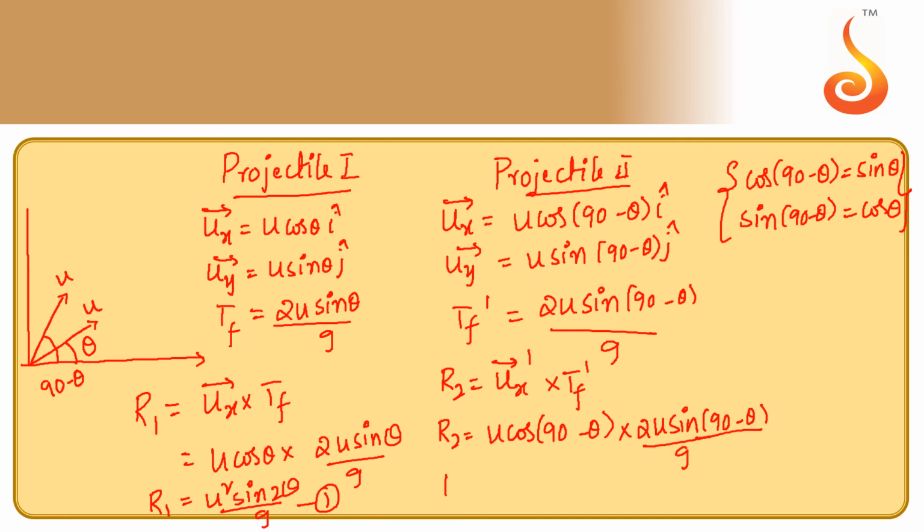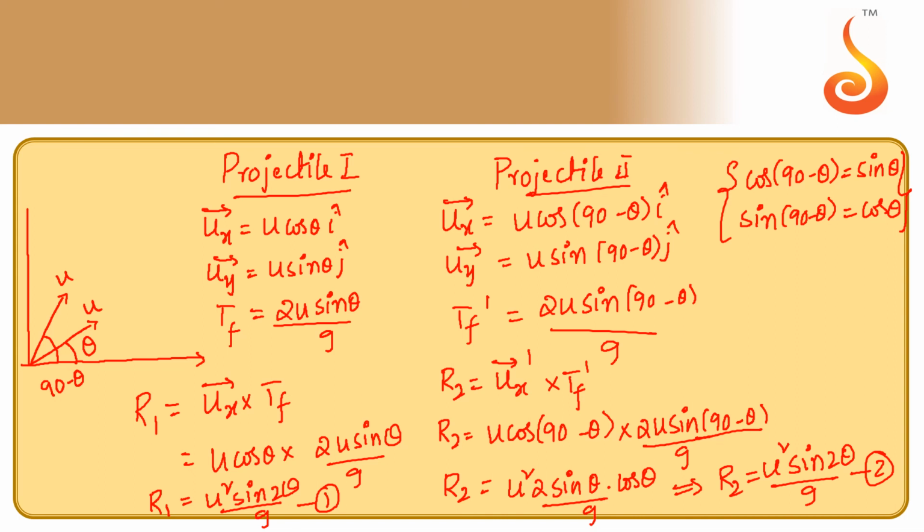Therefore, R2 would be u into cos (90 minus theta), which is sin theta, so u square 2 sin theta, and sin (90 minus theta) would be cos theta, by g. Therefore, the total range for the second projectile would be u square sin 2 theta by g.